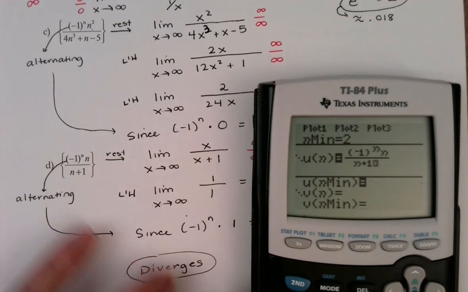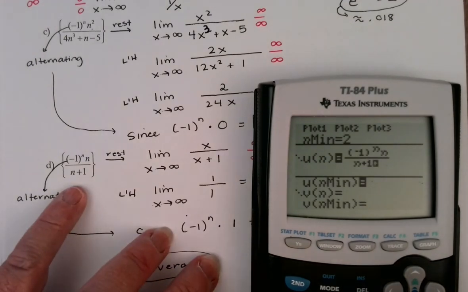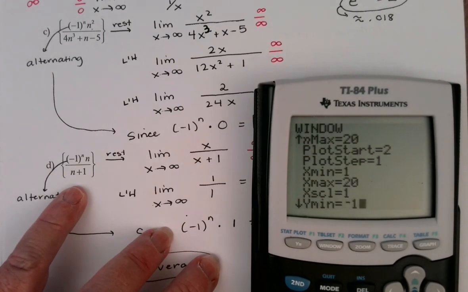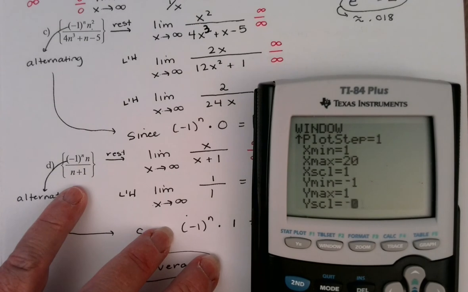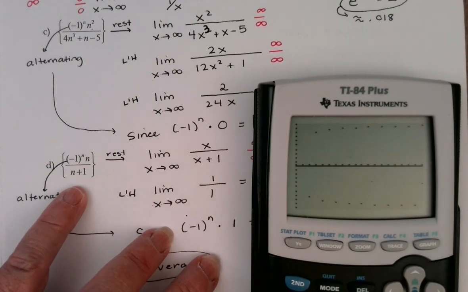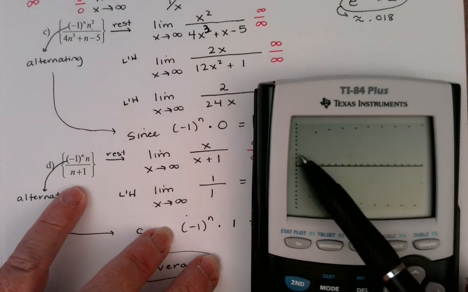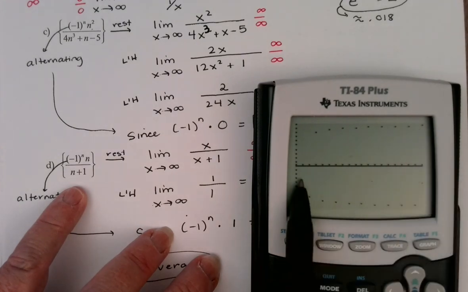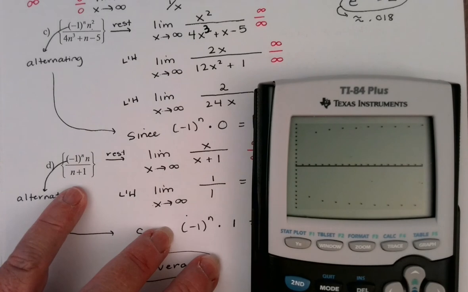And I don't think these are going to get small quite as fast. Let's, in our window, go back to the -1 to 1 for the y's. All right, you can see how we are approaching 1, but we're also approaching -1.